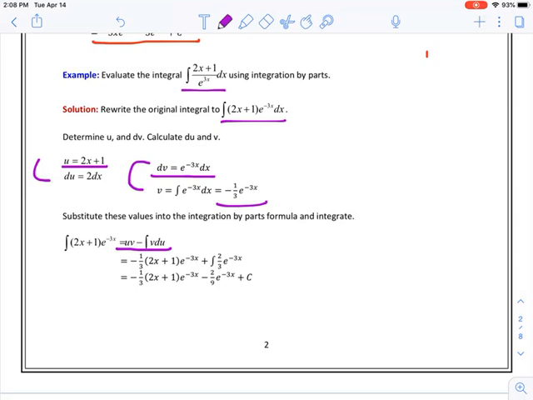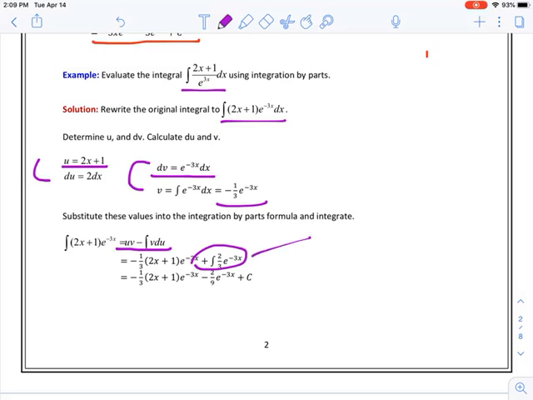Finally, we have then minus the antiderivative of v du. So we have v, again, is negative 1/3 e to the negative 3x, but du is 2, so combining those, you get this part right here. And of course, the minus and a minus become a plus.